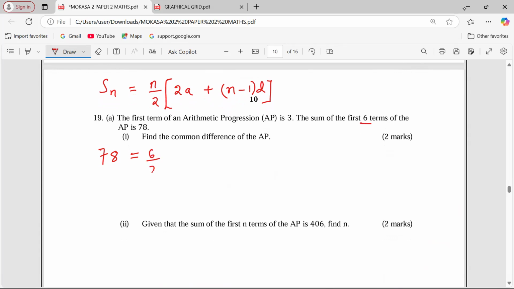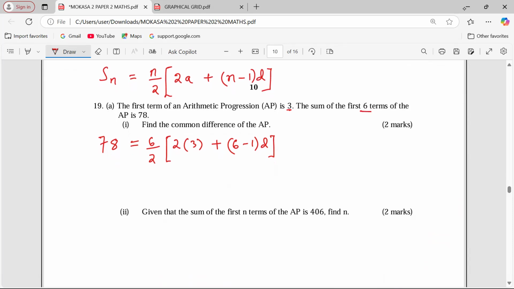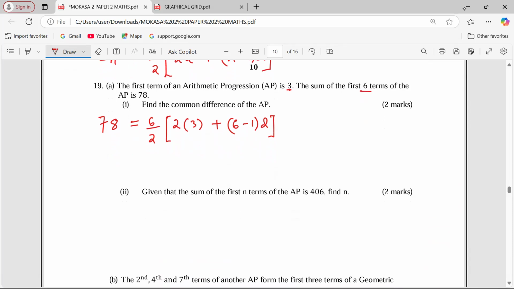So n is 6 over 2, 2 multiplied by the first term, which is 3, plus n, which is 6 minus 1, multiplied by the unknown common difference. That is the basic substitution of the formula.